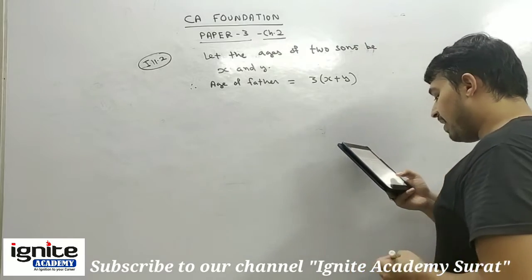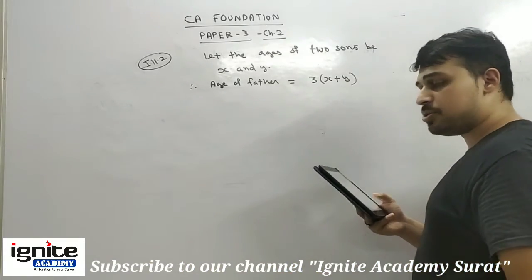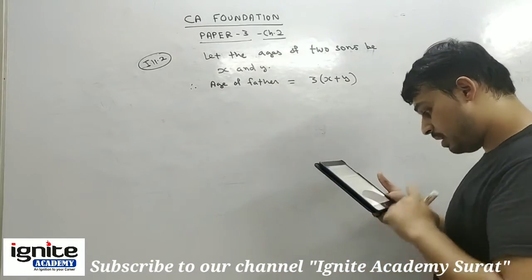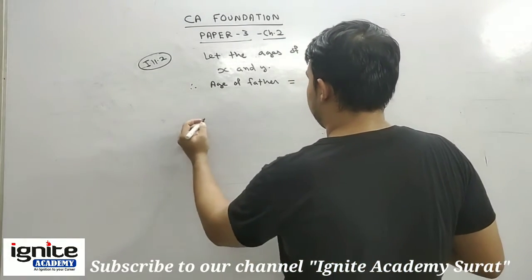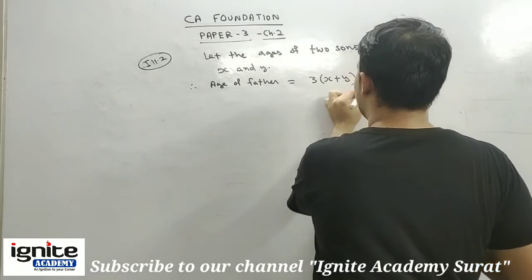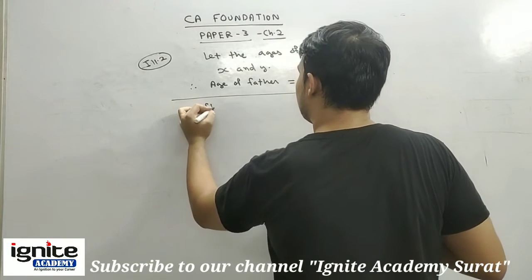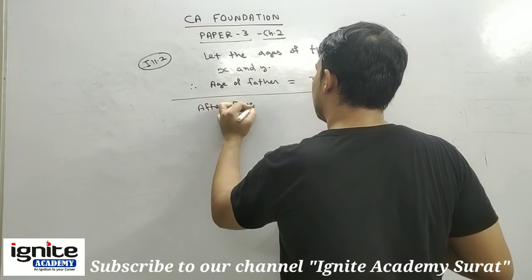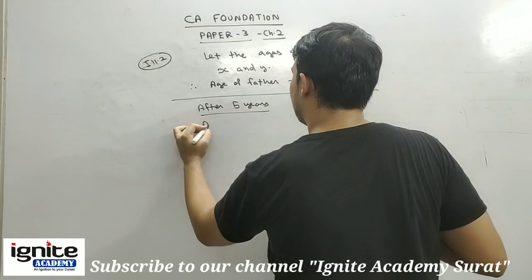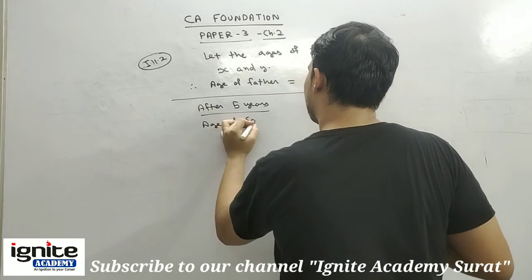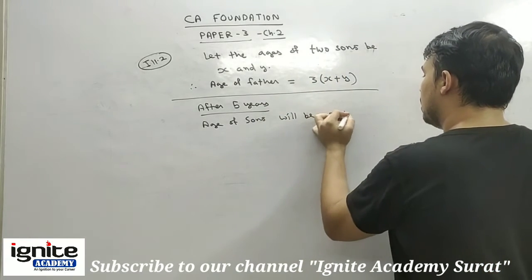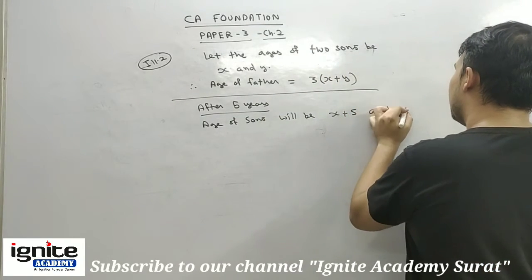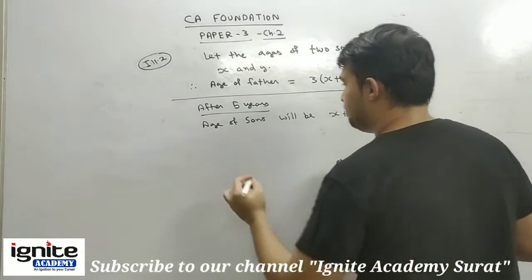Done? And 5 years hence. 5 years hence means after 5 years from today, the age will be double the sum of their ages. See, after 5 years, what will be the situation? Age of sons will be x plus 5 and y plus 5.